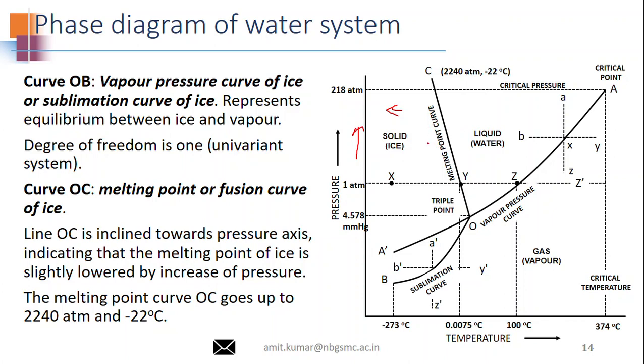The melting point curve goes up to point C, where at a higher pressure like 2240 atmosphere, the melting point becomes minus 22 degrees Celsius. Similarly at 1 atmosphere, it is higher than that. So this inclination towards the pressure axis indicates that as you increase the pressure, your melting point decreases.